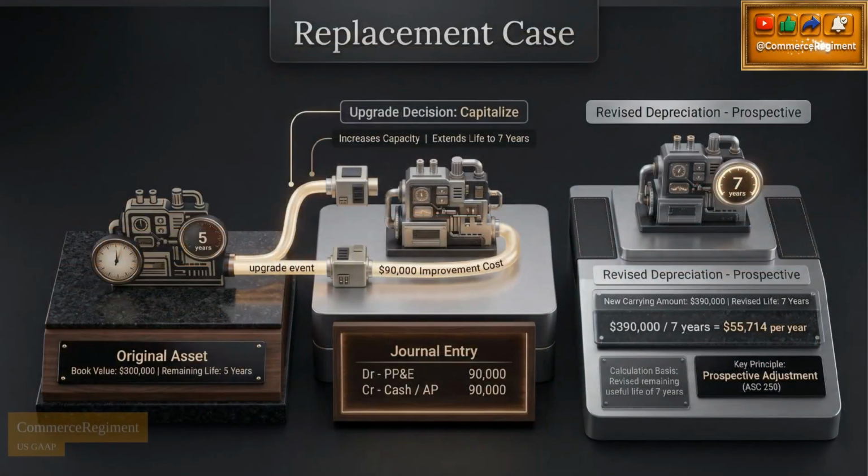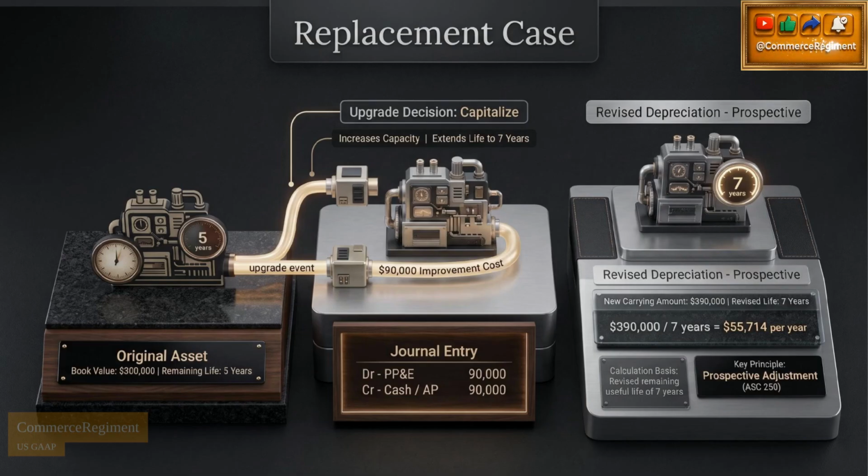In the 2026 replacement case, the machine has a book value of $300,000 and 5 years of remaining life. The company spends $90,000 on an upgrade that increases output capacity and extends the remaining life to 7 years. Because the future benefit test is met, the upgrade is capitalized.